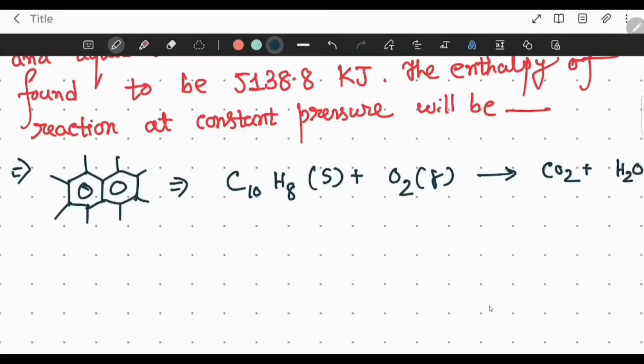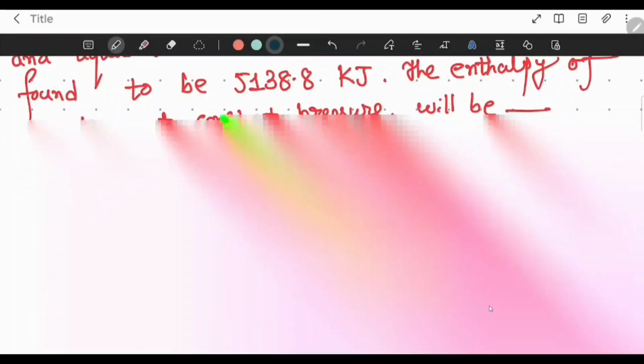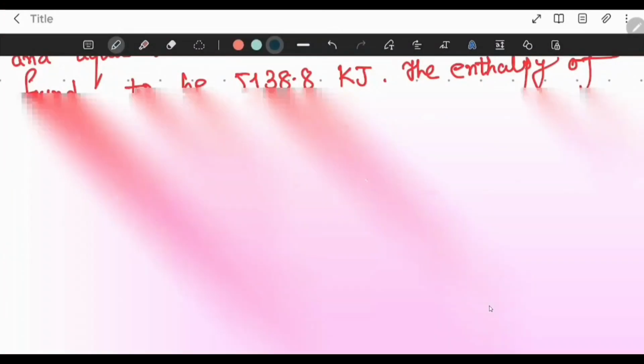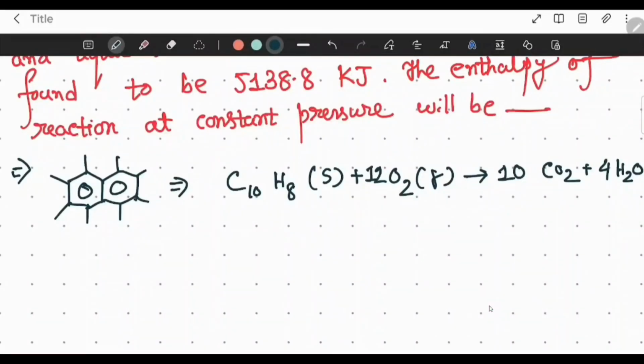Now we have to balance this. 10 will be there, 4 will be there, so oxygen is 24. So this is a balanced equation. Now the given is how much heat is evolved, and we just have to find the change of enthalpy.